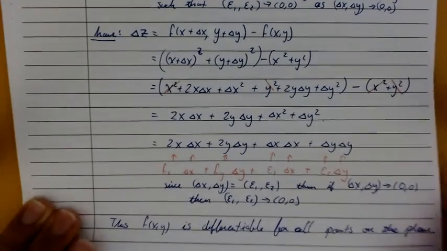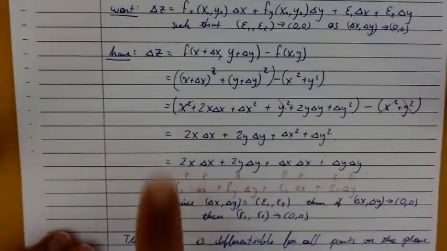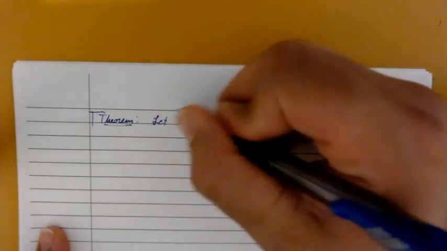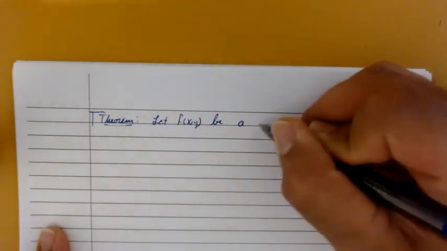We do have a theorem that shows that there are some sufficient conditions for differentiability other than having to check the definition. So here we have a theorem. Let f of x comma y be a function of those two variables.